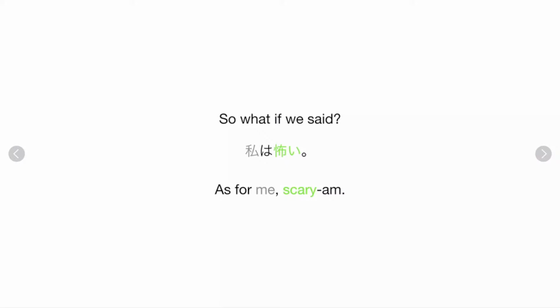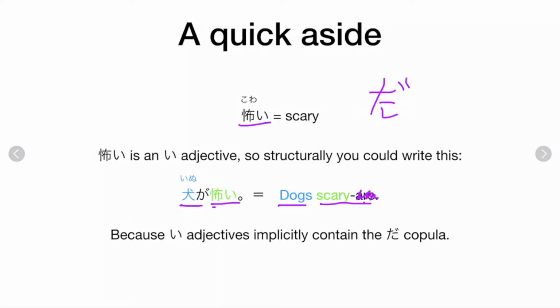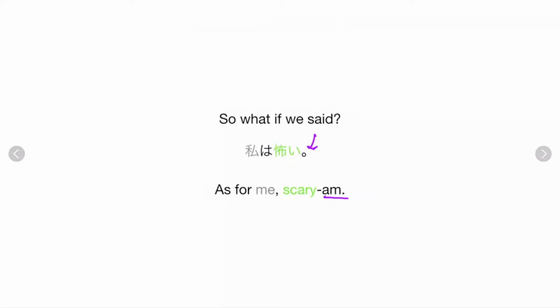So if we say watashi wa kowai, for example, the verb changes. It becomes am. But there is no verb in the sentence. That's why I'm not going to use da. It's a copula. It's not a verb. But also it's important to know that if you were to look at this structure and try to think of this as a verb, you have to pick the right verb for the topic.